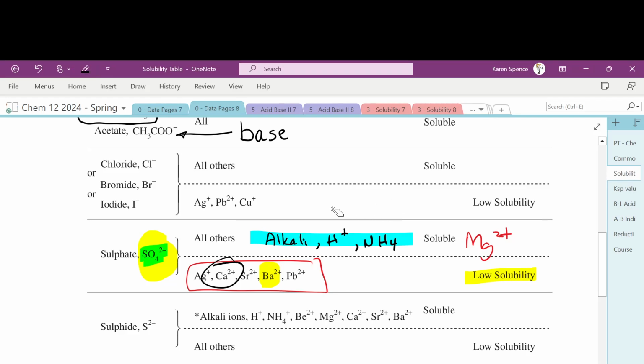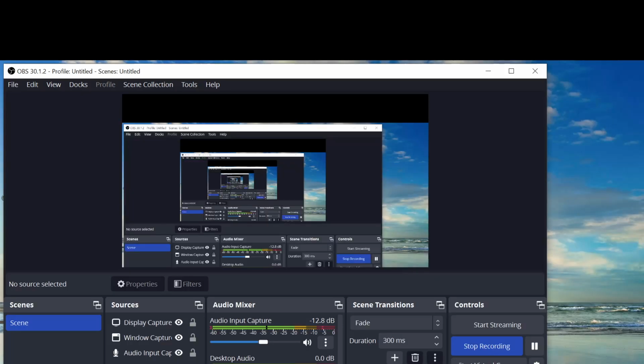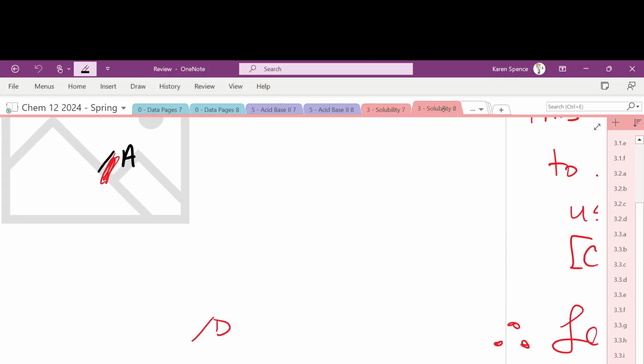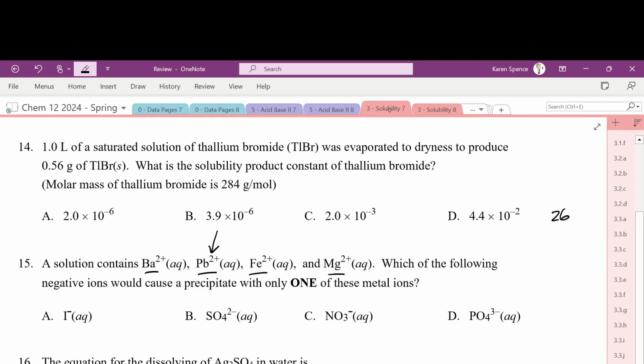Iodide precipitates very little. Yes, it only precipitates silver, lead, and copper. So if I wanted to precipitate only one of those, iodide would do it. Sulfate would precipitate, I think, the lead and the, well, nitrate precipitates nothing.